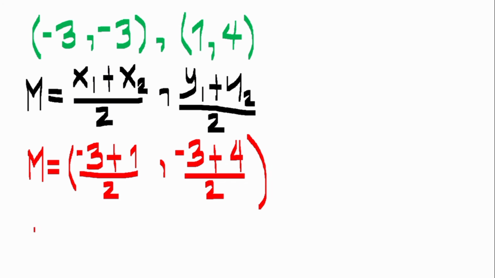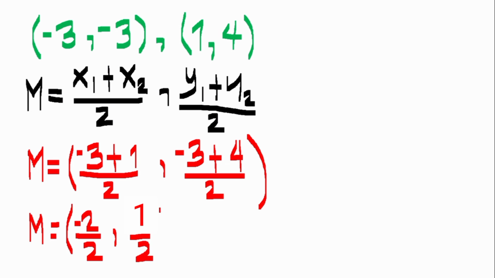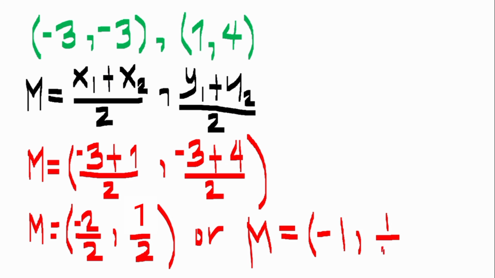So we have the quantity of negative 3 plus 1 divided by 2 and negative 3 plus 4 divided by 2. Then let's solve. We have negative 3 plus 1 is equal to negative 2 over 2. Then negative 3 plus 4 is equal to positive 1 over 2. Or the midpoint is the quantity of negative 1 and 1/2.